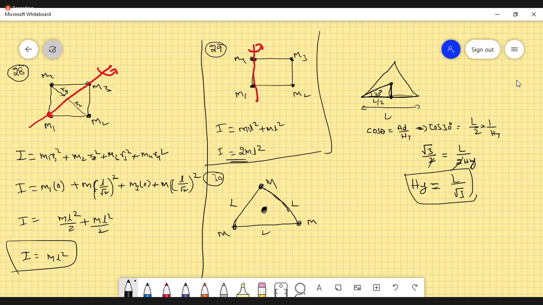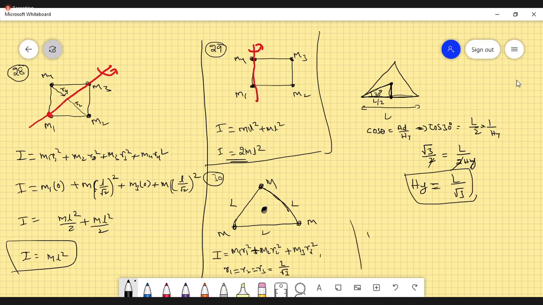Then what is the answer? Moment of inertia I equals m1 r1 square plus m2 r2 square plus m3 r3 square. Since r1 equals r2 equals r3 equals L by root 3, substitute the values.